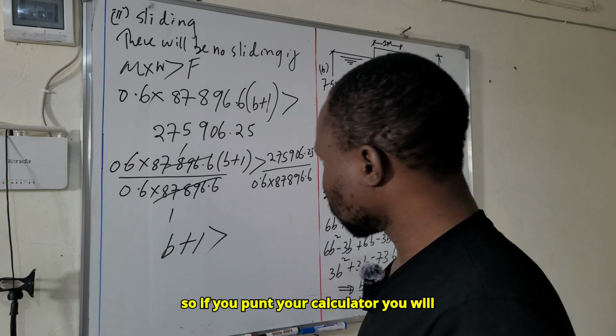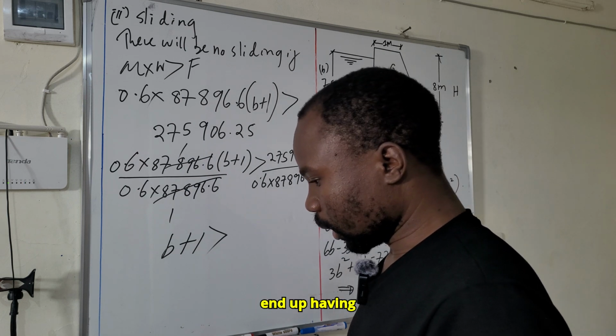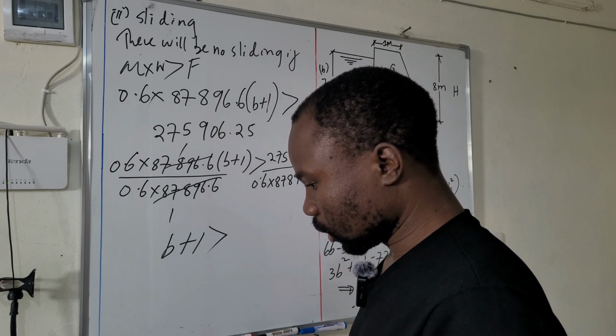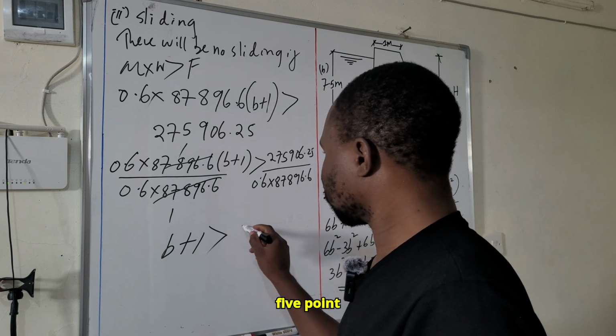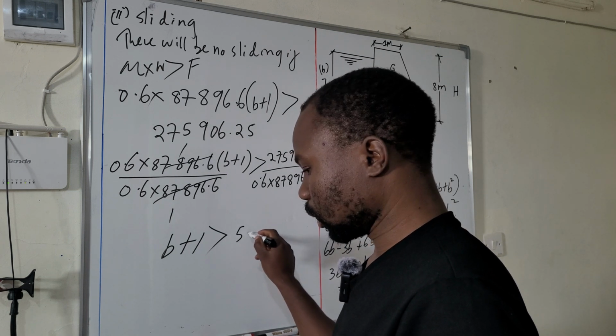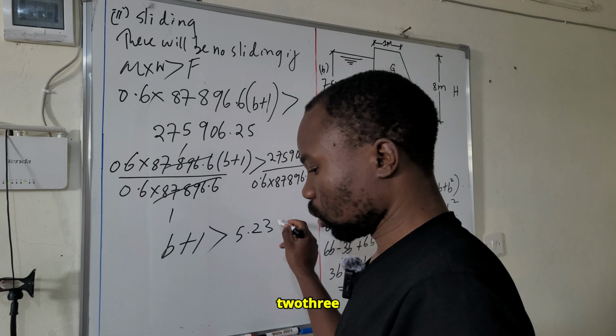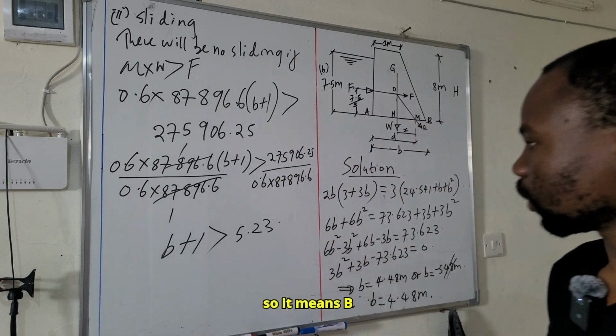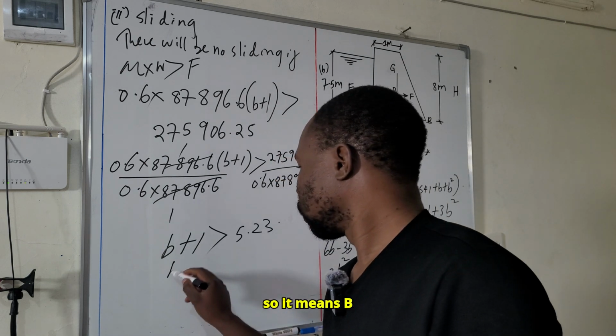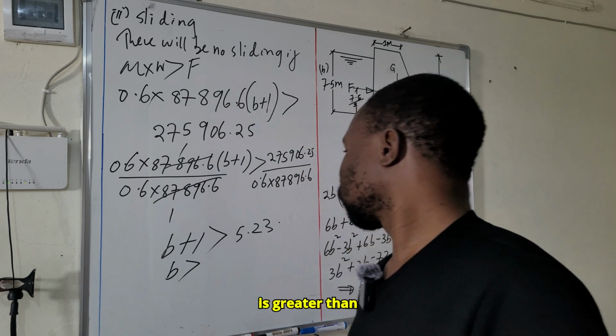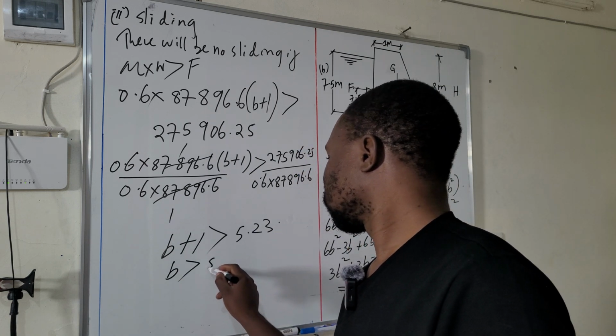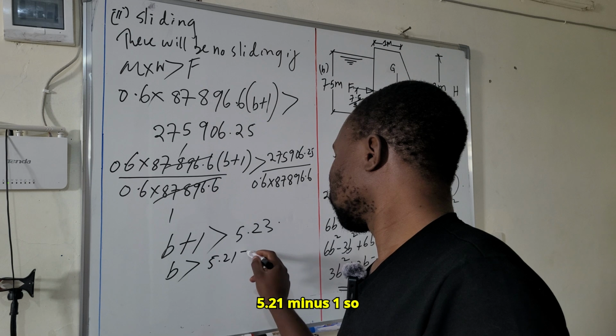If you punch your calculator, you will end up having 5.21. So it means B is greater than 5.21 minus 1.